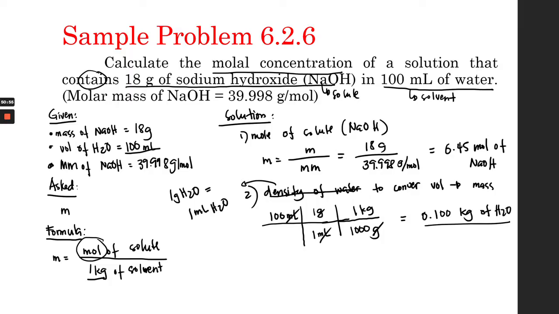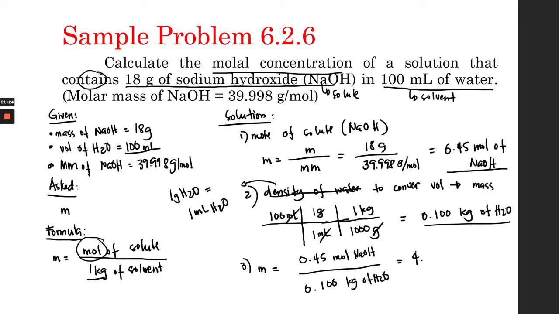So now that we have the moles and we have the kilogram of the solvent, now we can solve for molality, which is the moles of solute, 0.45 mole of NaOH, divided by 0.1 kilograms of H2O. And that gives us 4.50 molal of solution.